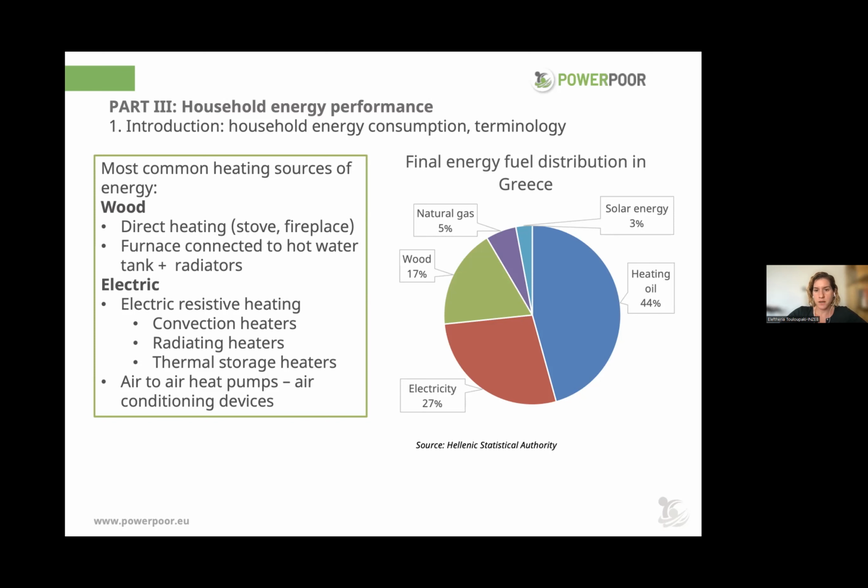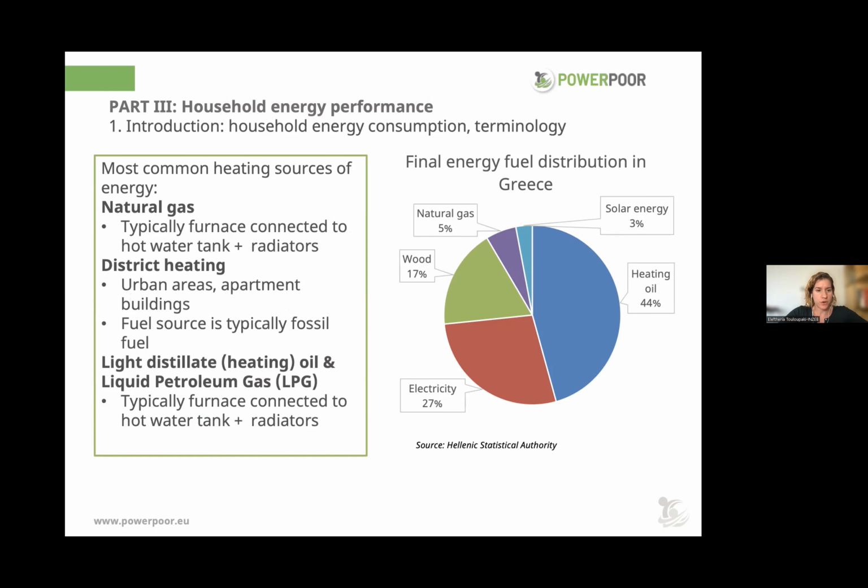In Greece, the fuel distribution is that heating oil is about 45% of all heating sources, whereas electricity is second with 27%, and third is wood with 17%.